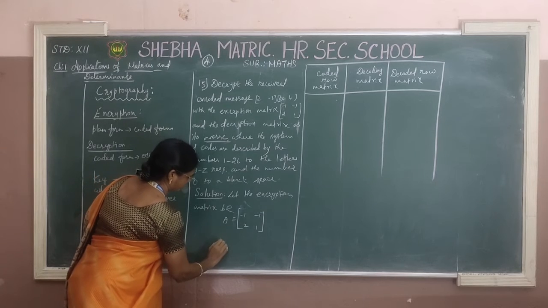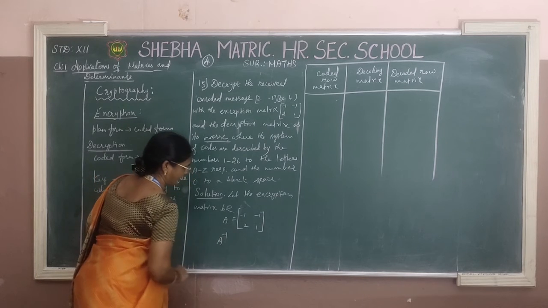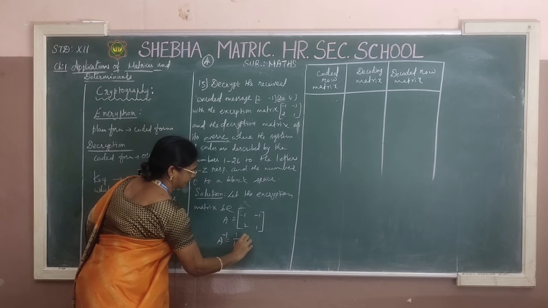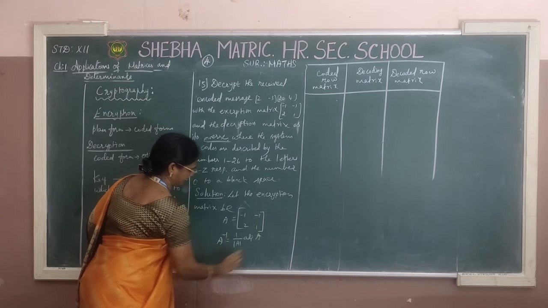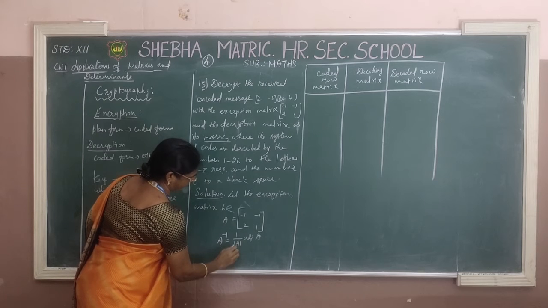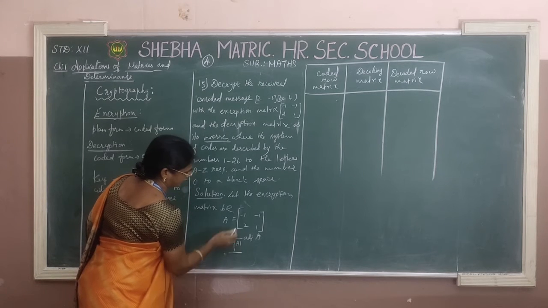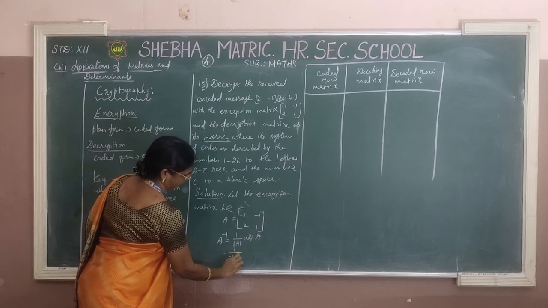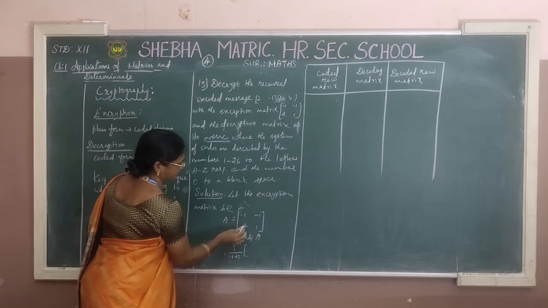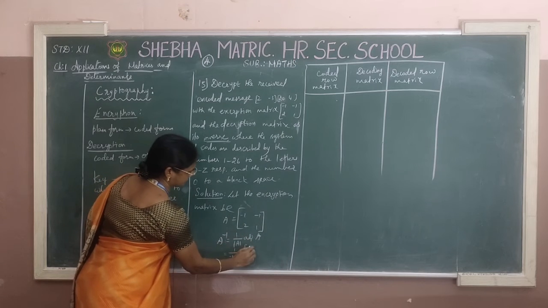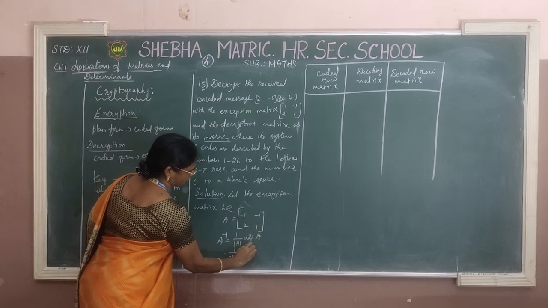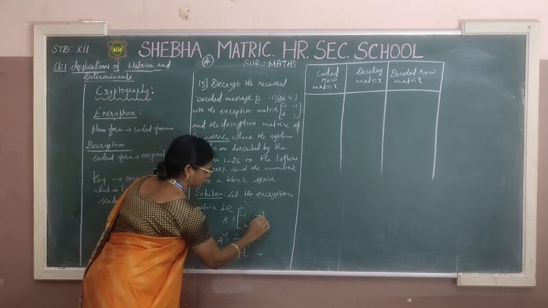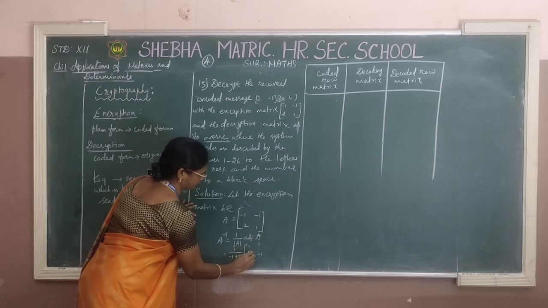So, if you find A inverse we have one formula, 1 by determinant A into adjoint of A, and this is equal to what? 1 by determinant value is what? 1 by, multiply these two, -1 plus 2, and adjoint of A is, interchanging these two we get 1 here -1, and change the sign, -1 becomes +1 and 2 becomes -2.